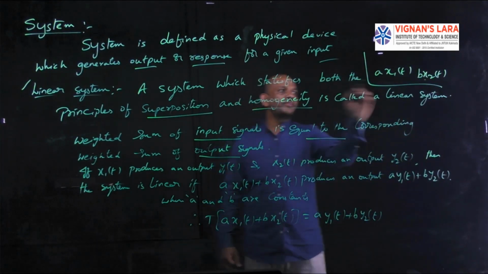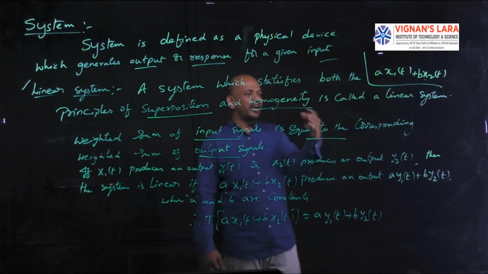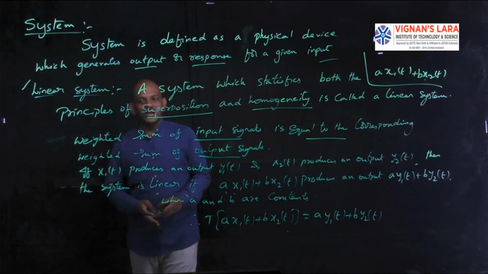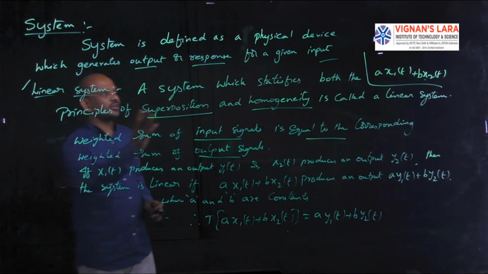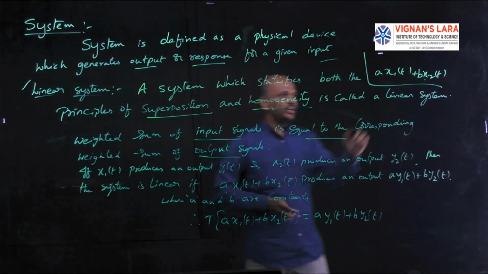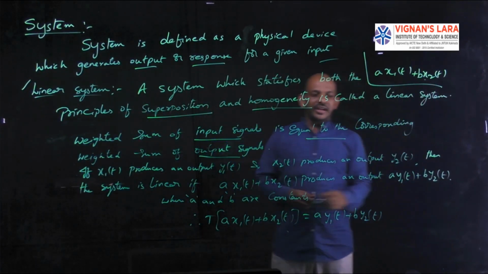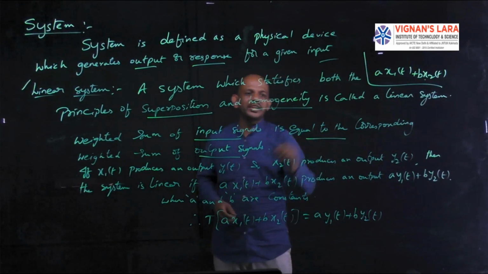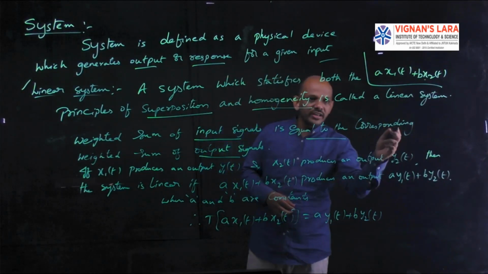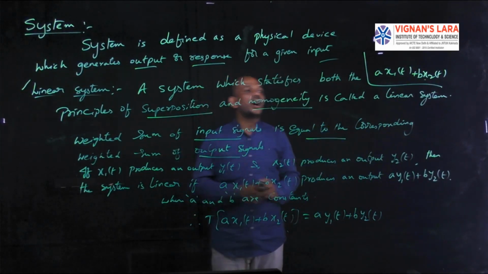Now the sum of the weighted inputs: I add those two, so we get a into x1 of t plus b into x2 of t. This must be equal to the corresponding weighted sum of the output signals.